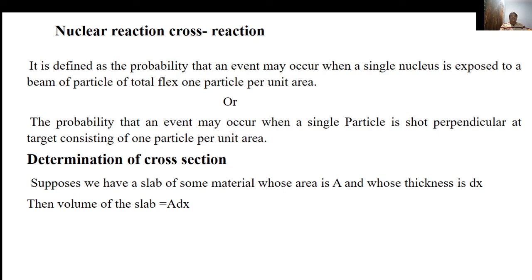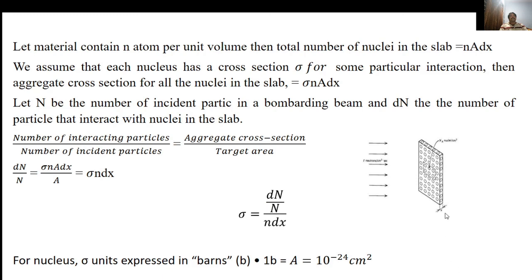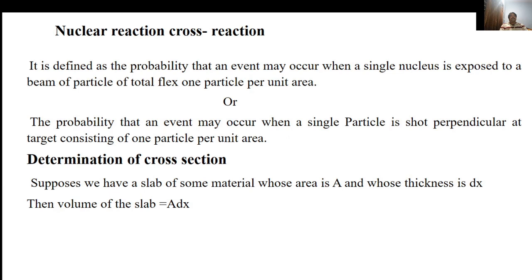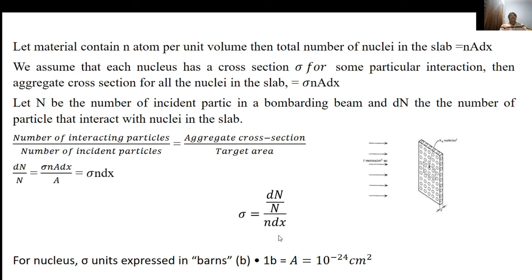Let us consider a slab of some material whose area is A and thickness is dx. Then the volume of the slab is equal to A into dx. Let the material contain n atoms per unit volume, then the total number of nuclei in the slab is equal to nA dx.